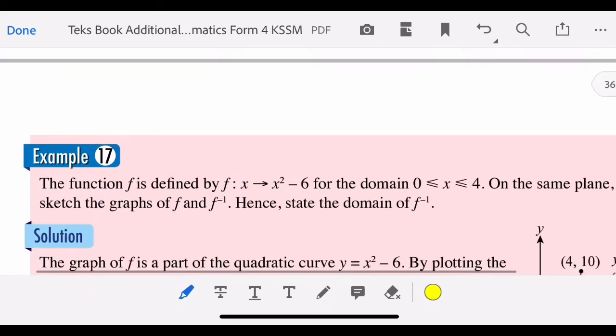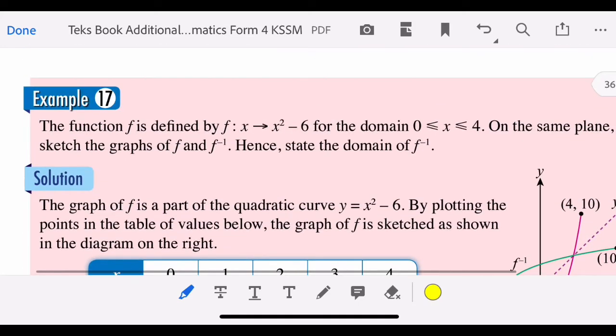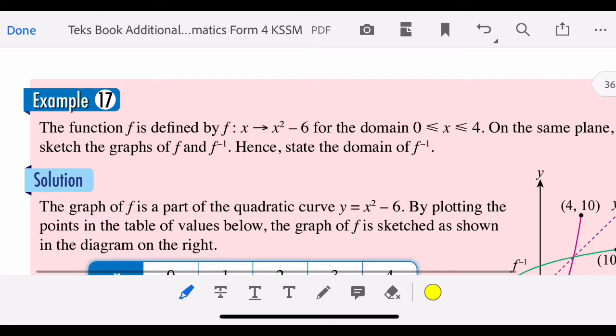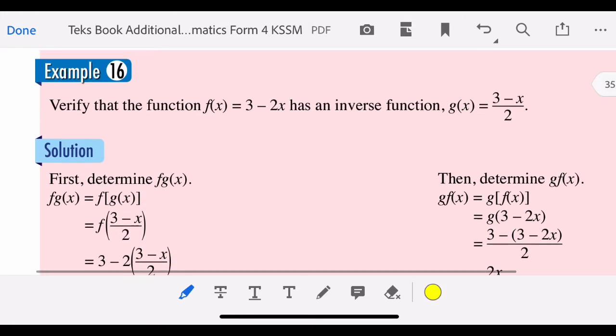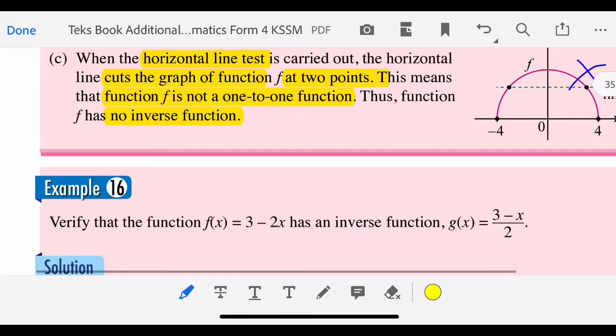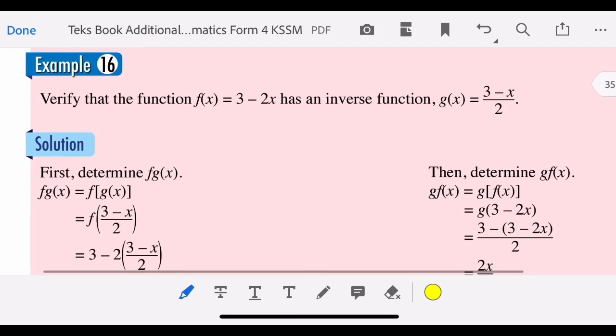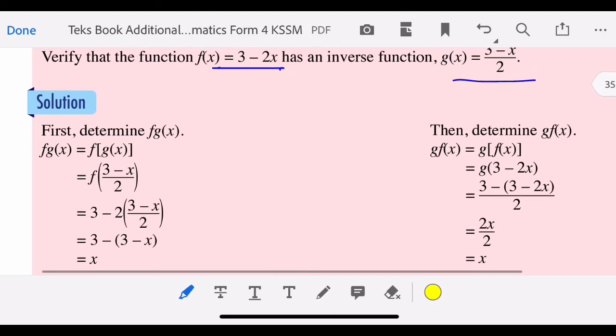So for the next one, let's see this one. Verify the function f(x) equals 3 minus x and g(x) equals 3 minus x over 2. Verify.